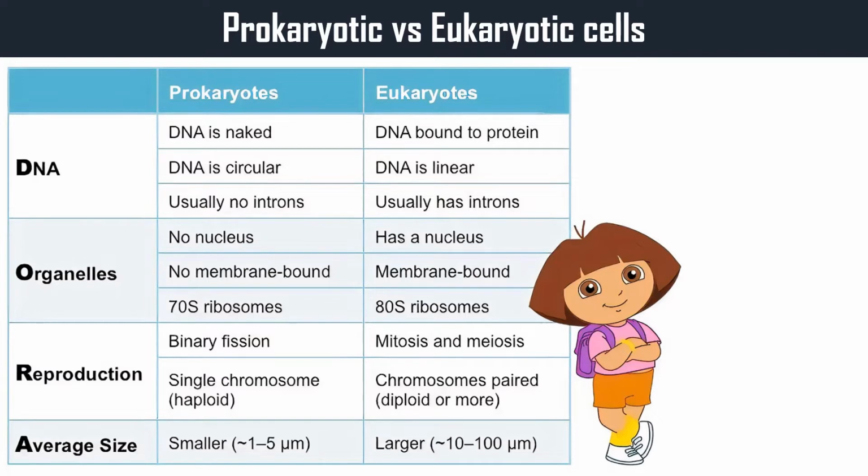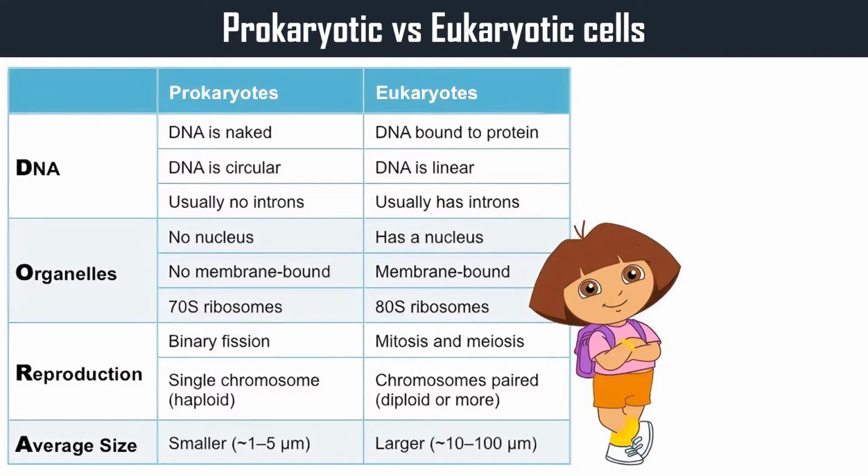Looking at organelles now, there is no nucleus and no membrane bounded organelles in prokaryotic cells, while there is a nucleus and membrane bounded organelles in eukaryotes. Reproduction occurs using binary fission in prokaryotes and using mitosis and meiosis in eukaryotes.